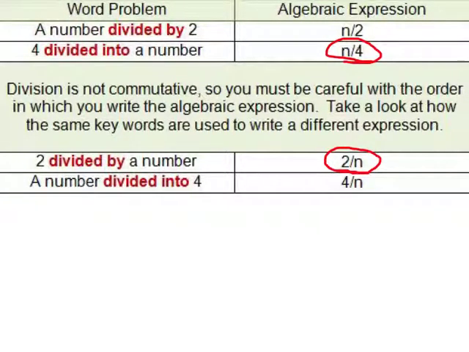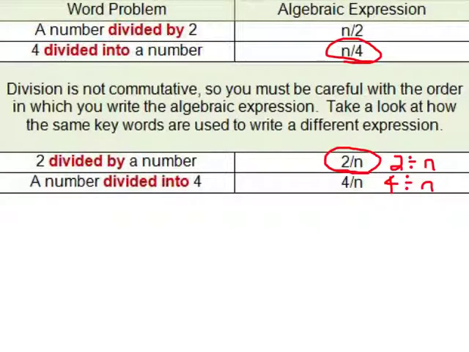The number is on the bottom of the fraction, or you would say 2 divided by a number. A number divided into 4, we could also write as 4 divided by a number. So the way you say those division problems does make a difference.